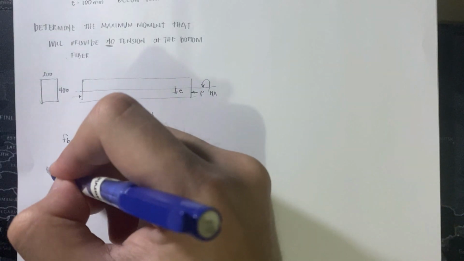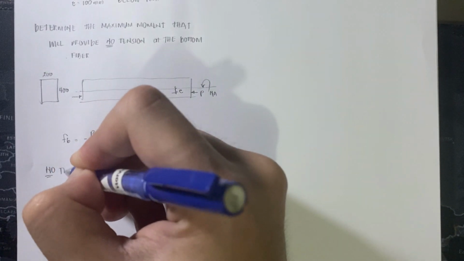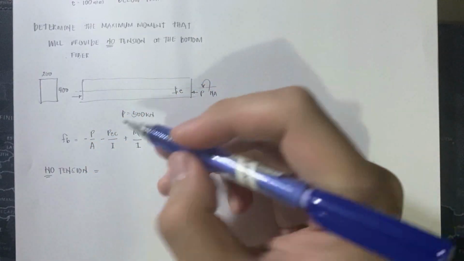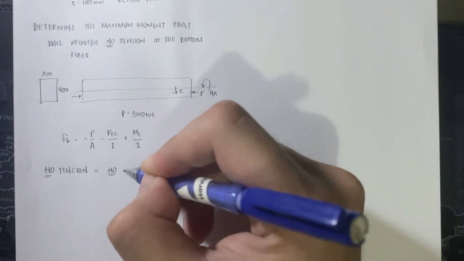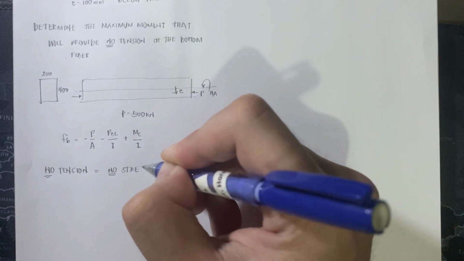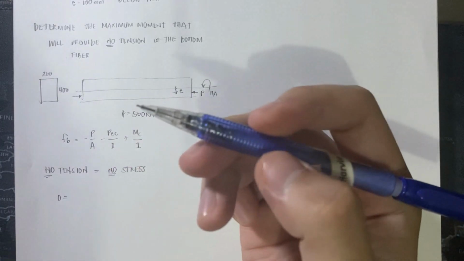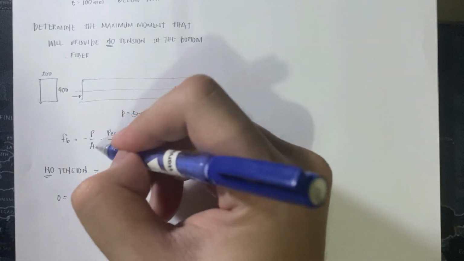Take note, it says no tension. So that means when there is no tension, there is no stress. So we equate that the total stress at the bottom fiber is equal to 0.